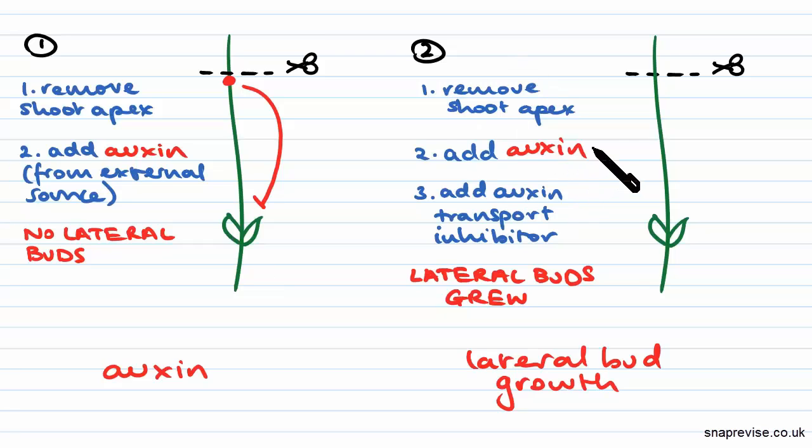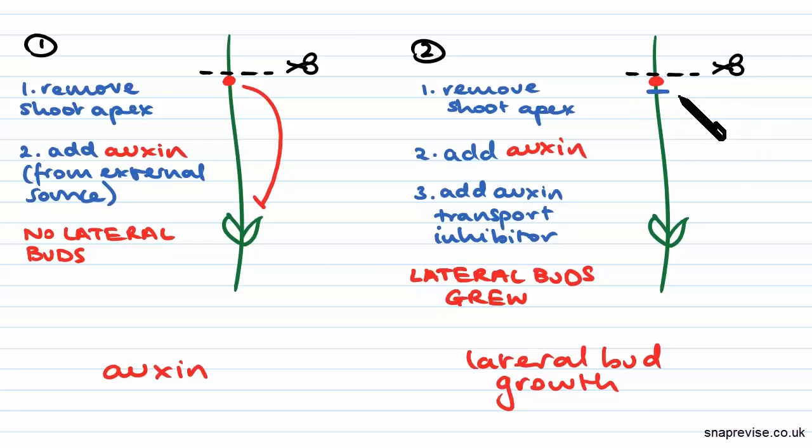The other experiment that they did was they again removed the shoot apex. They added auxin from an external source, i.e. artificially, but instead of just leaving it as in the first experiment, they added an auxin transport inhibitor just underneath the auxin.